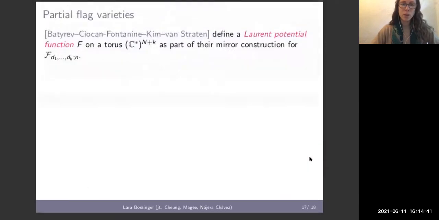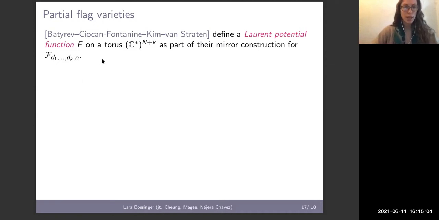And on the very last slide, I want to go a bit further to partial flag varieties of type A, which is still work in progress. But also in this case, there are Laurent potentials known, constructed by Batyrev, Ciocan-Fontanine, Kim, and van Straten, and they're defined on just one torus.